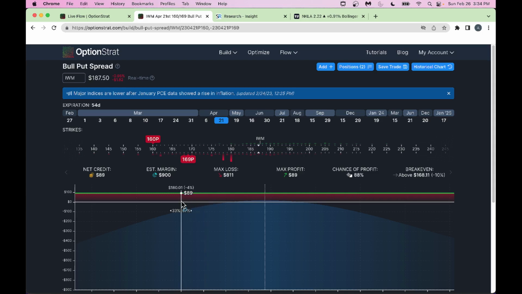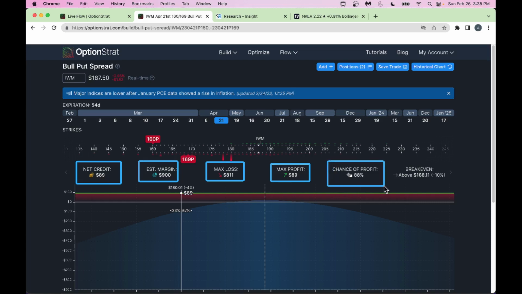and as you can see here, you get a net credit of $89. It's a good deal here. Your estimated margin amount is 900, your max loss is 811, and your max profit is 89, which is the same as your net credit. And look at this chance of profit.